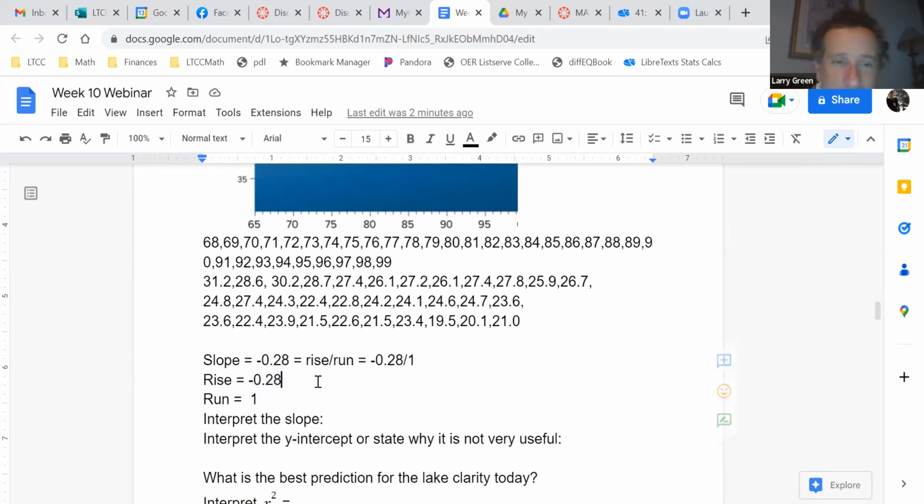Okay, so notice the rise, this means losing 0.28 meters of light clarity. Do you see that? Because negative means you're going down. That's bad, right? Losing clarity. The run, that means we're going up by 1 year. So 1 year has passed.